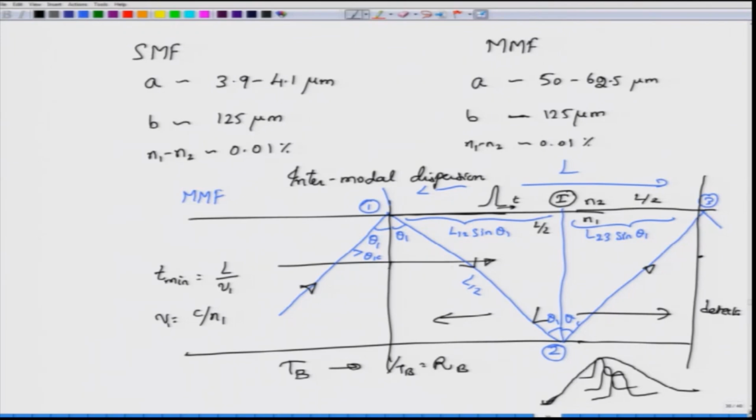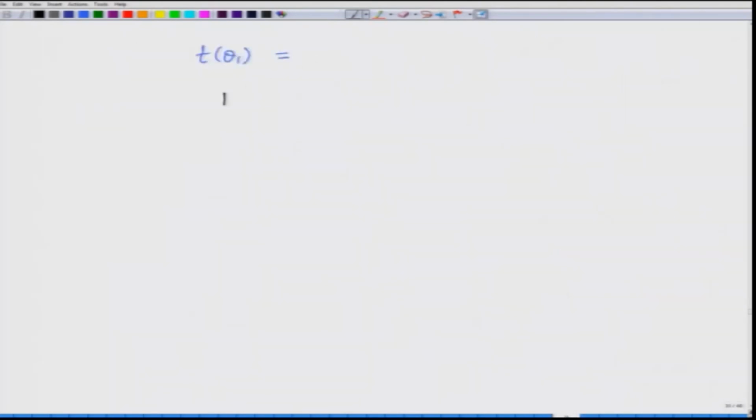And what is L12 in terms of L by 2 and sin theta? I know that sin theta 1 is given by the intermediate length 1 to I from this triangle, so it is L by 2 divided by L12. So, L12 is L by 2 sin theta 1. Similarly, L23 will also be L by 2 sin theta 1.